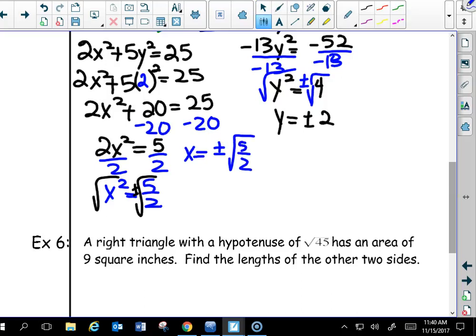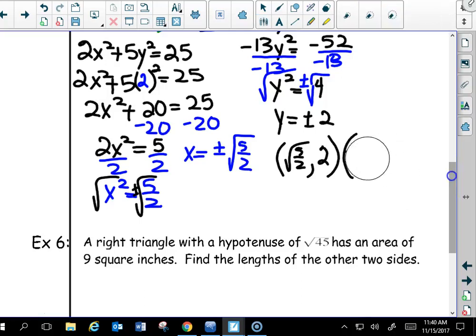All right, let's go back and write our final answers. We've got square root of 5/2 and 2. So both x and y have both positive and negative, and we're going to have 4 answers out of this. Actually, try it the other way.